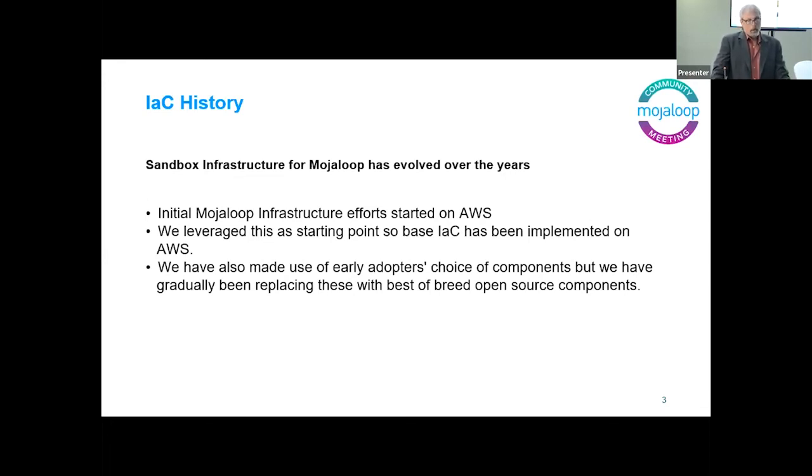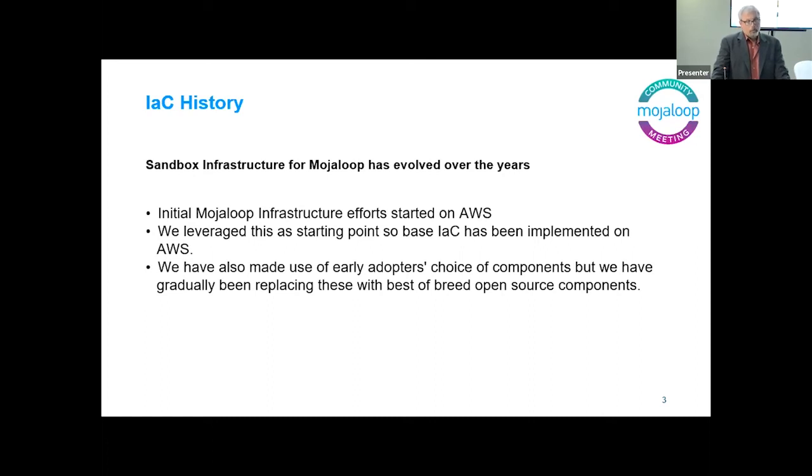So this effort started many years ago, and the initial Mojaloop development efforts were focused on AWS. So leveraging that as a starting point, we kept working with AWS, and that's been the focus of our effort.